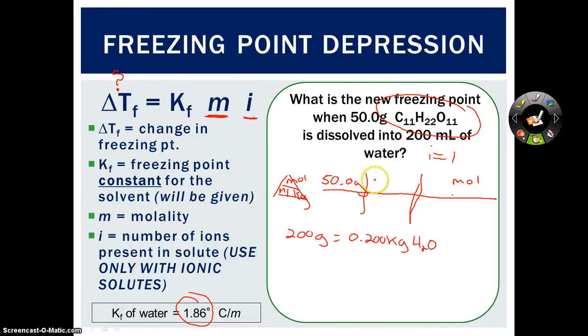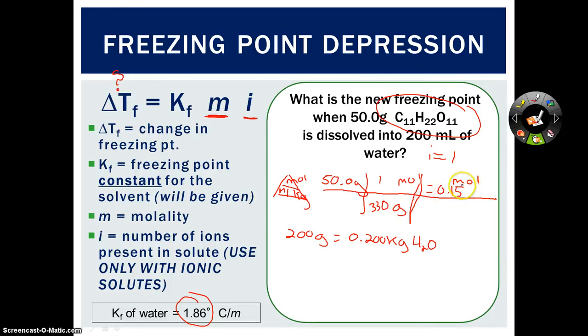That gives me a molar mass of 330 grams per mole. So if I plug all of this in, 50 divided by 330 gives me 0.15 moles.